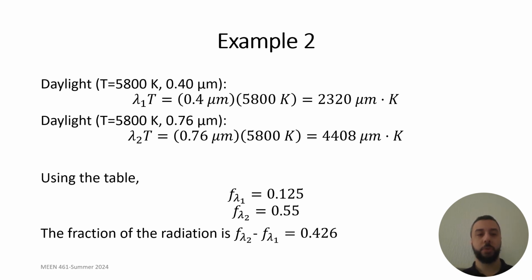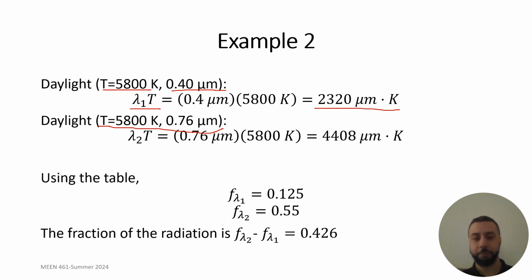So for daylight, they gave us a temperature of 5800 K, and our first wavelength was 0.4 micrometers. Then we can calculate lambda 1 T, which is 2320 micrometers times Kelvin. And we can calculate the value for the second wavelength, which is 4408 micrometers Kelvin.